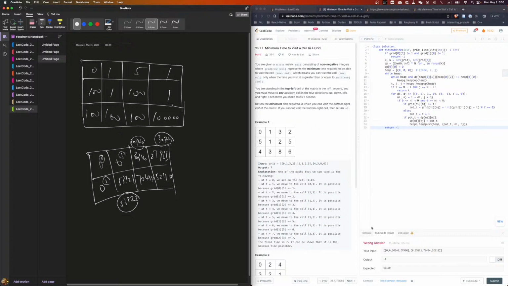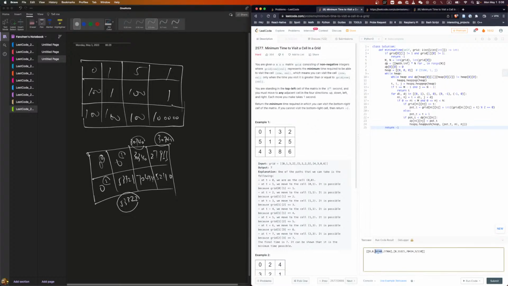I don't understand. I think maybe I understand the problem wrong. What if I just use like this value? Does this one work? Interesting. I think I understand the problem wrong then.